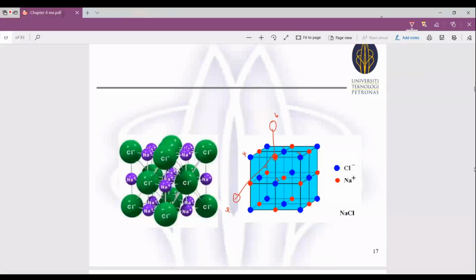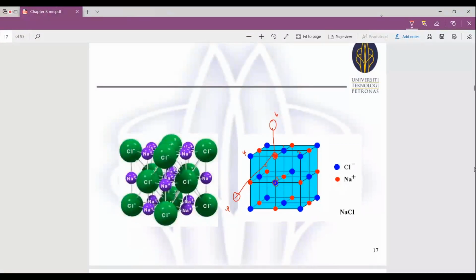And the same goes with Cl. Cl is bonded with 6 Na plus: 1, 2, 3, 4, 5, and 6.